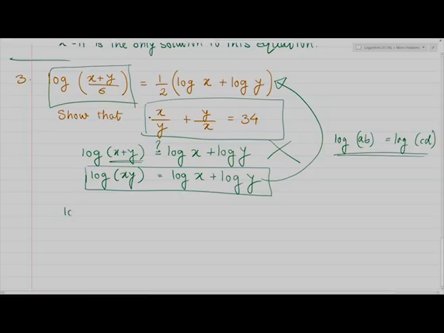So, it is log of (x plus y) upon 6 is equal to half into log of x into y. Here I have suppressed the bases. So, you can choose any base if you want, but the base is not important here.